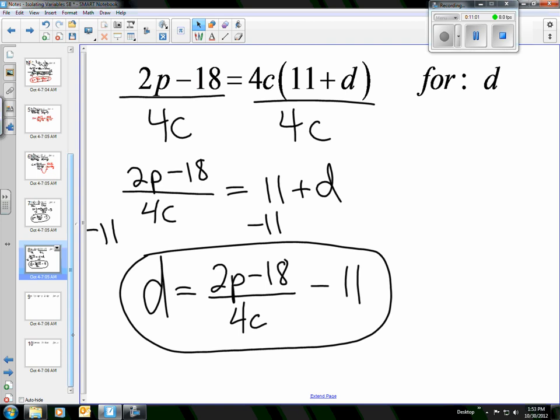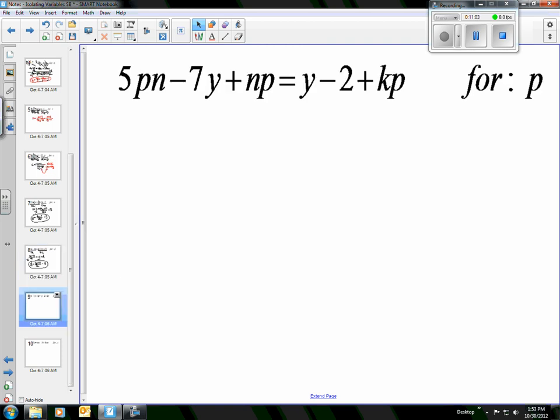And I believe we have 2 examples left. So this example, if we're solving for p in this example, we want to get all the terms with p in them on one side of the equation by themselves. So that would mean that first of all I needed to combine like terms here and here. 5pn plus np would give me 6np.